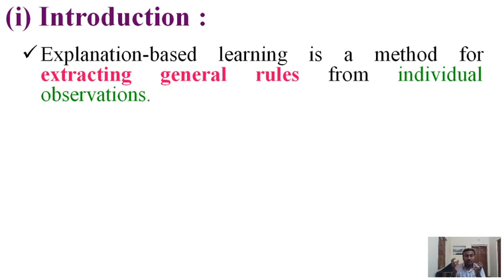So whenever you generate or extract general rules or methods from that observation, that concept comes under explanation based learning. So explanation based learning is nothing but a method for extracting general rules from individual observations.